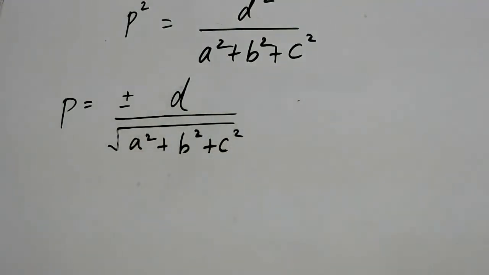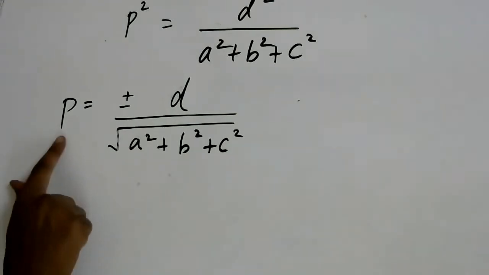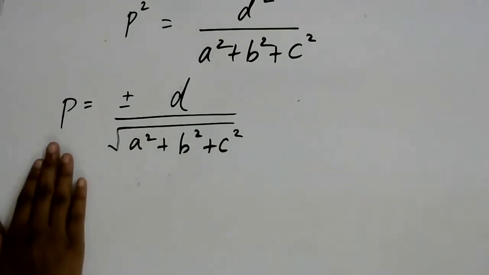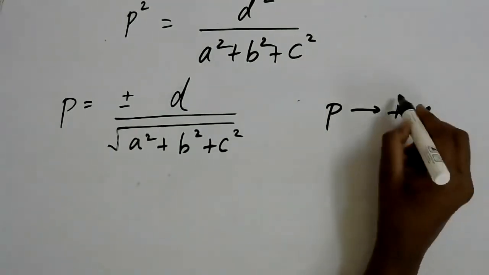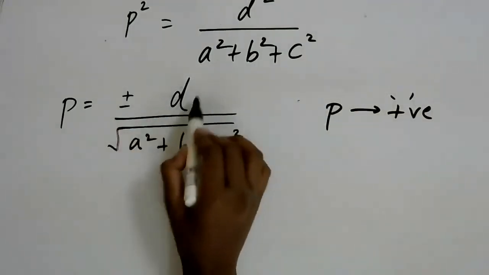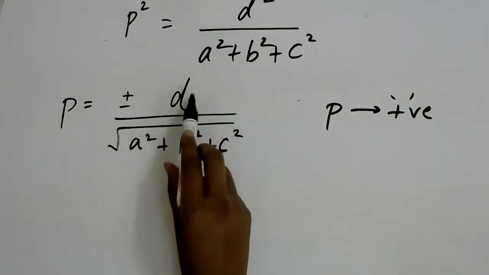So now we have two different signs. We know that since p is a distance, p is always going to be positive. So we have to choose the sign based on the sign of d.